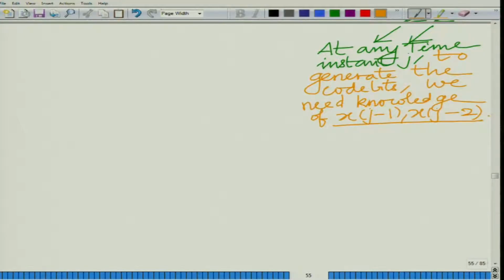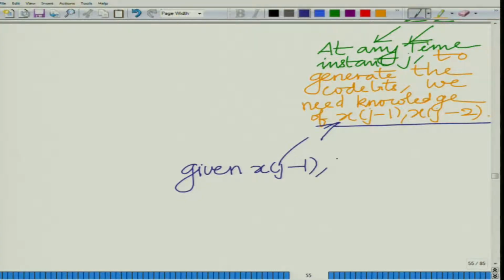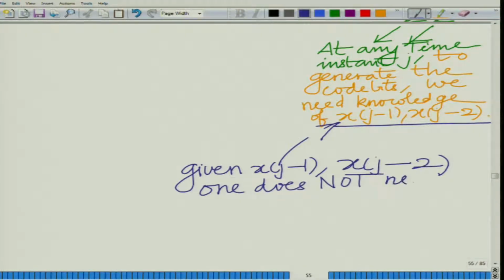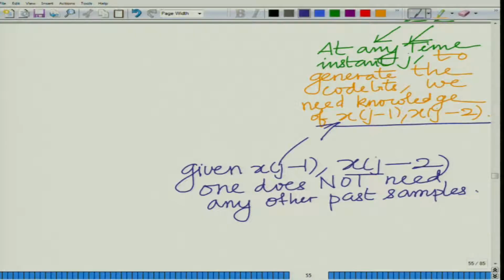And therefore given xj minus 1 and given xj minus 2, one does not need any other past samples.